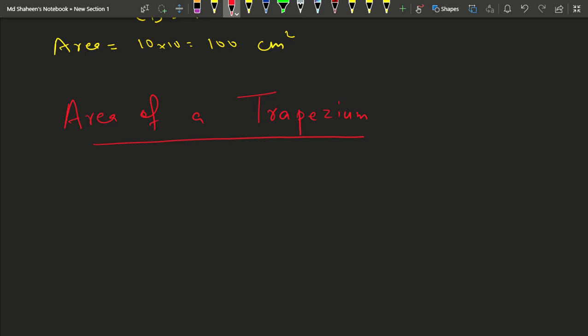In a parallelogram, opposite sides are parallel and equal. But in a trapezium, only one pair of sides is parallel, not equal. Only one pair is parallel and the other sides are not parallel.